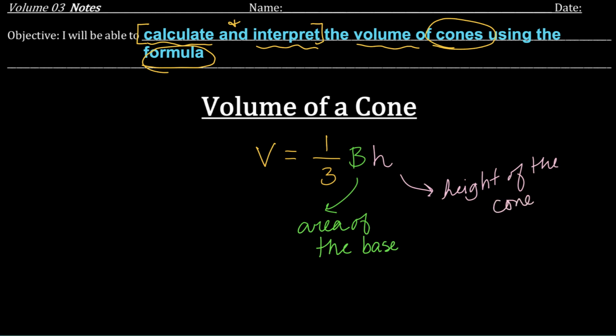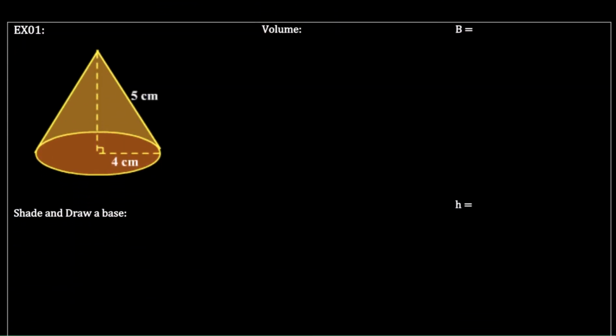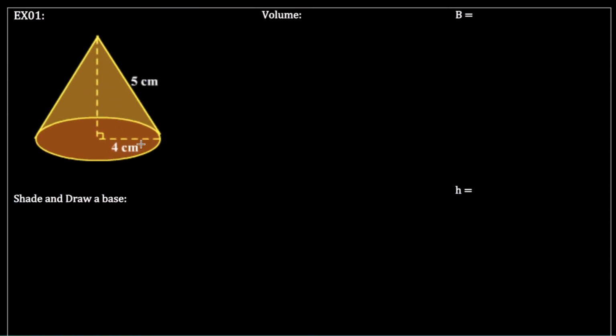So if you could do yesterday's, today should be all right. So example 1. We have this cone. Circle goes to a point. Let's shade and draw our base first. So I'm going to do that with blue. So there's my base.